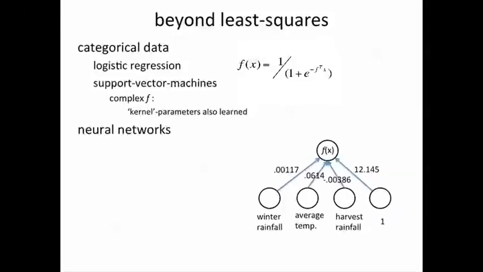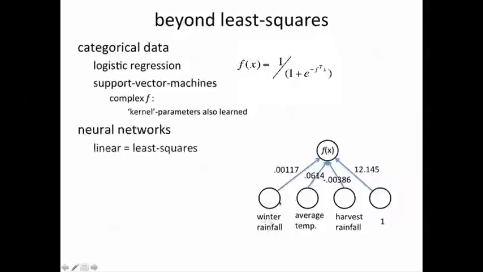The first neural networks, created in the 50s by McCulloch, Pitts, Rosenblatt, and others, essentially looked like linear combinations of inputs. So they were pretty much like least squares.